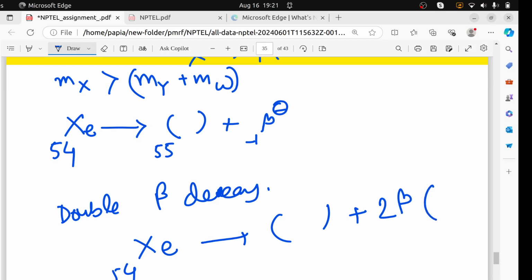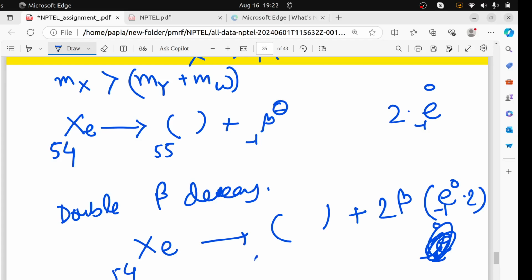It is nothing but e minus 1, 0, into 2. Actually it should not be e minus 2, it should be 2 into e minus 1, 0. Okay. So whatever this will be, that will be 54 plus 2, which is 56.